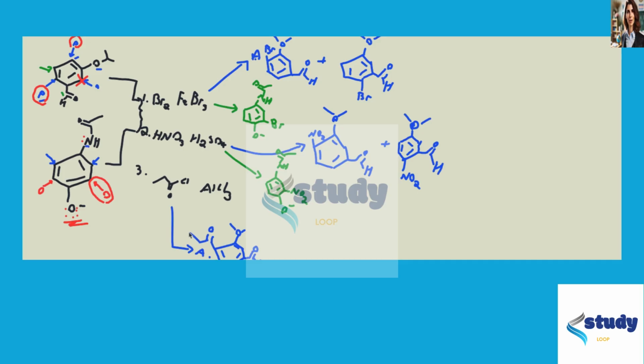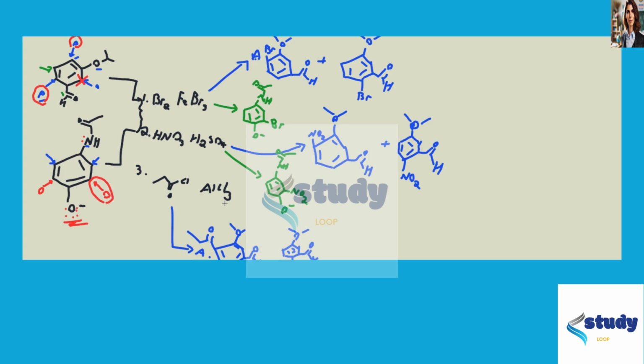So this is 1, 2, 3 carbons at the ortho position, but we'll also have an isomer at the para position with 1, 2, 3 carbons as well.